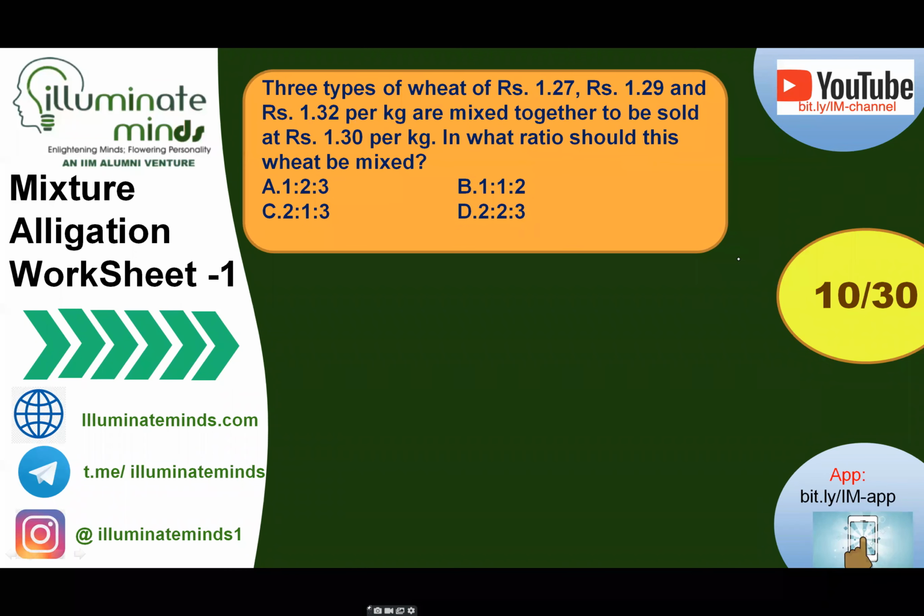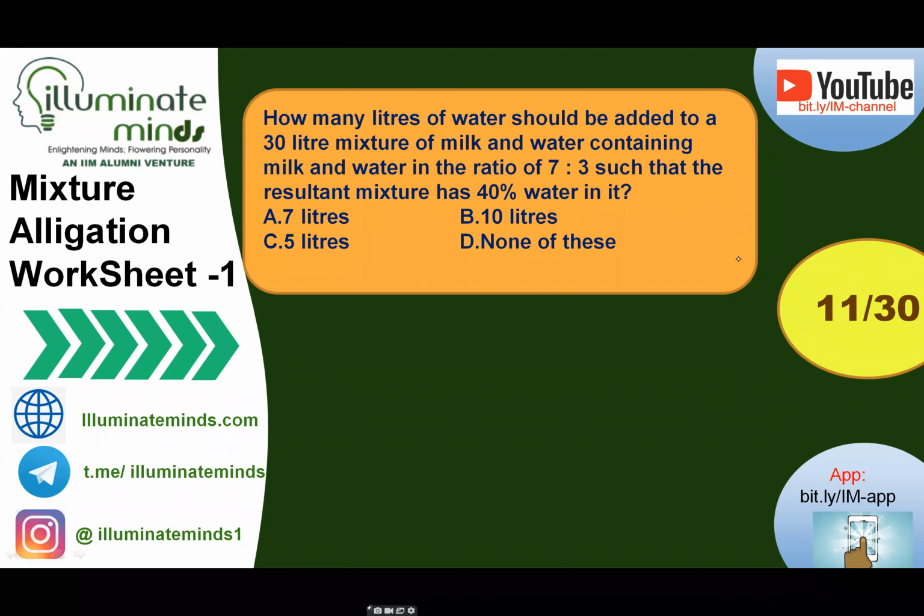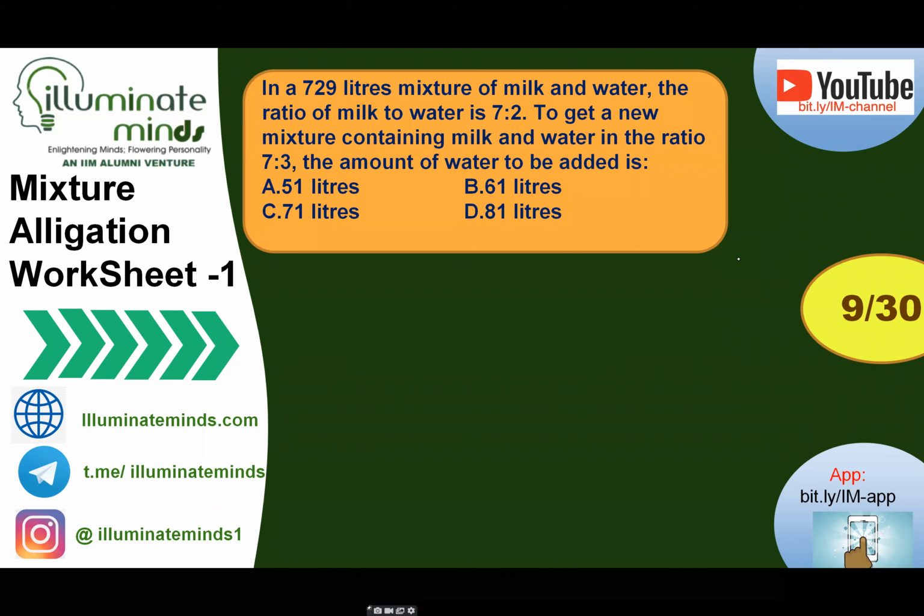In this question, question number 9, in 729 liters of milk and water, the ratio of milk and water is 7 is to 2. To get the mixture containing milk and water in the ratio 7 is to 3, the amount of water to be added is how much?